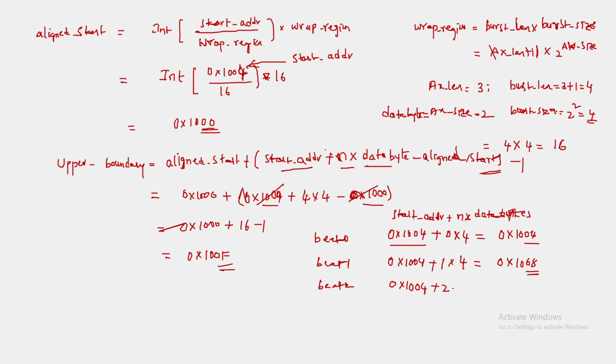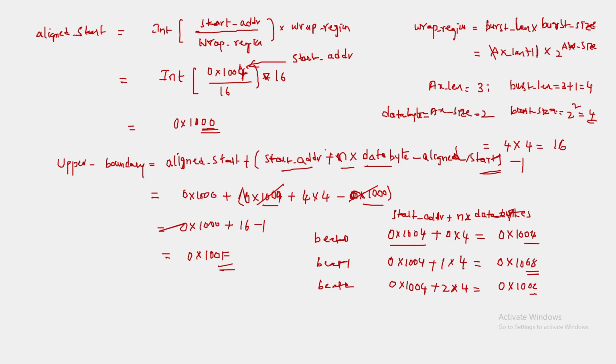N is the second beat you are calculating, beat 2, and then the number of bytes is 4. Then 0x8 plus 4, that is C. So 0x100C, this is the value.